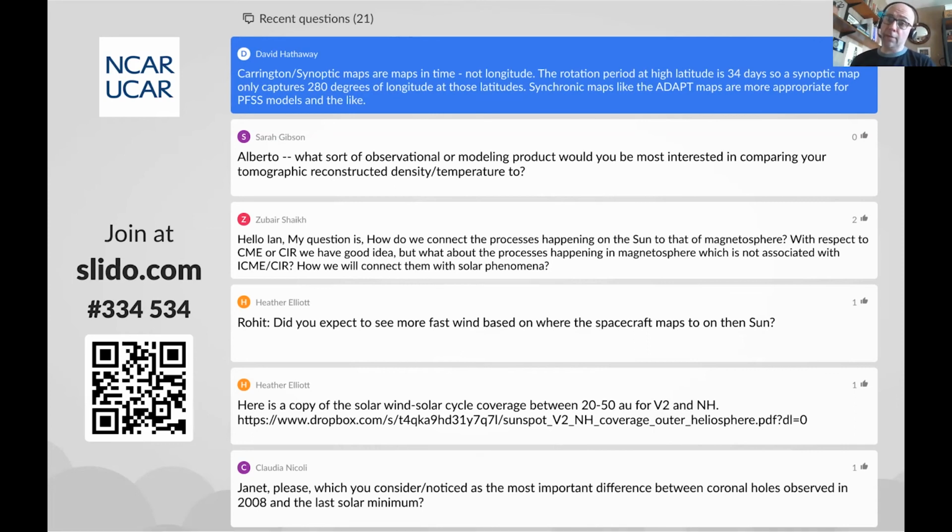Tomographic reconstructions have their limitations. Earlier today, I think it was Pete who said models are not perfect, but they are really useful. Tomographic reconstructions are not perfect either, but they're really very useful.